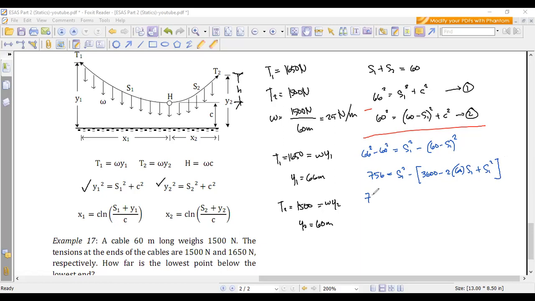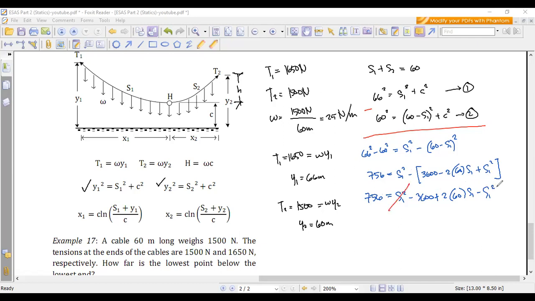So this gives us 756 equal to S1 squared minus 3,600 minus 2 times 60 times S1 minus S1 squared.